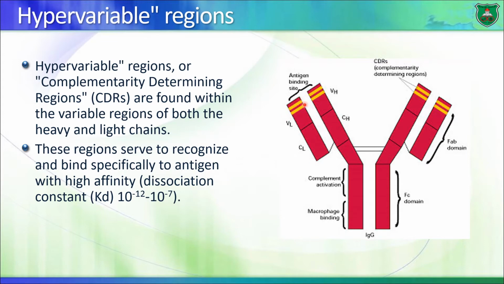And the differences among antibodies at the hypervariable region is what provides both diversity in terms of binding to antigens and specificity as well as affinity. Once these hypervariable regions bind to the antigen, binding is usually strong, so there's high affinity.